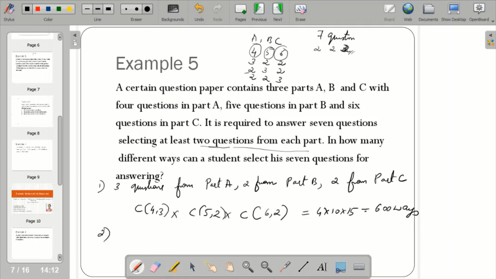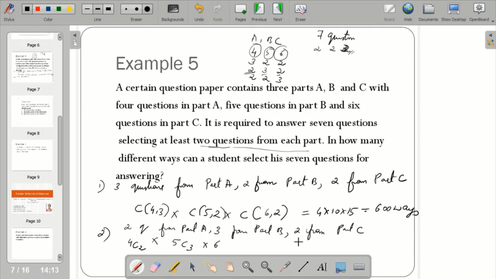In the second section, I can choose 2 from part A, 3 from part B and 2 from part C. Just write over here: 2 questions from part A, 3 from part B, 2 from part C. This will be 4C2, since A has 4 questions, and 3 means 5C3, and then 6C2.